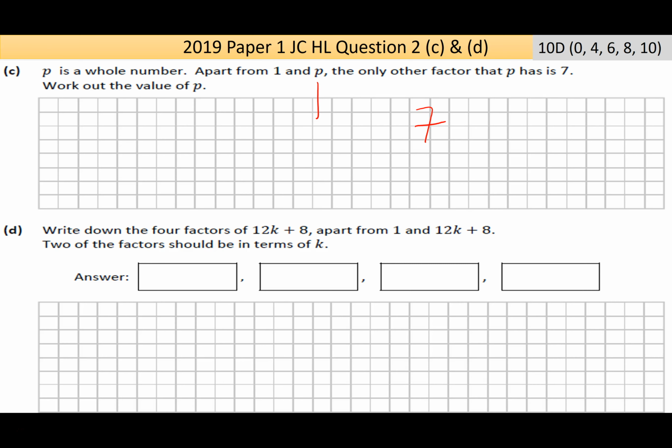Now 21 can be divided by 7 and 3, so it's not that. 7 3s, 7 4s, no, 49. So 49 can be divided by itself, by 1 and by 7. There are only 3 factors of 49.